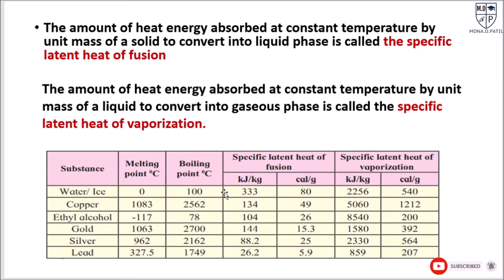Specific latent heat of fusion is 333 kilojoule per kg, and 80 calorie per gram. And the specific latent heat of vaporization, when water turns into vapor, is 2256 kilojoule per kilogram, and 540 calories per gram.